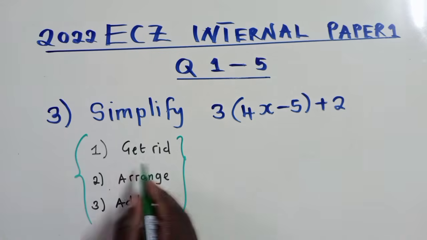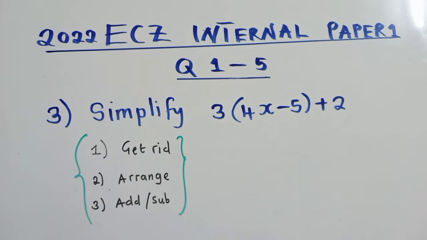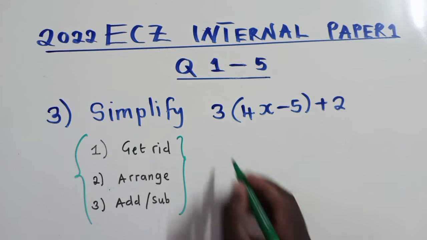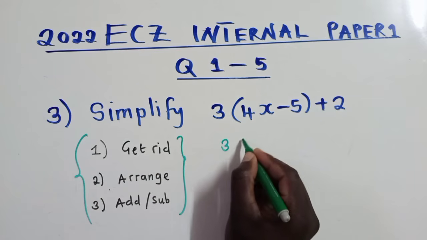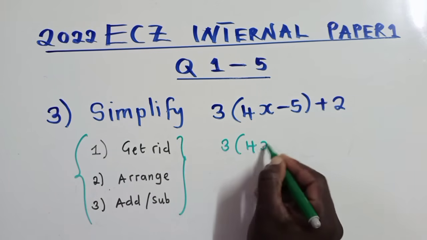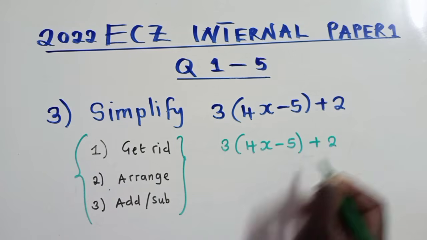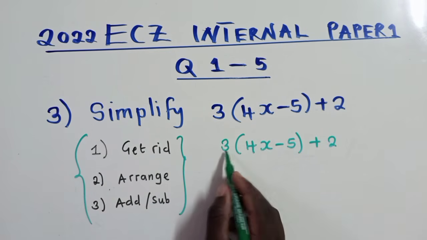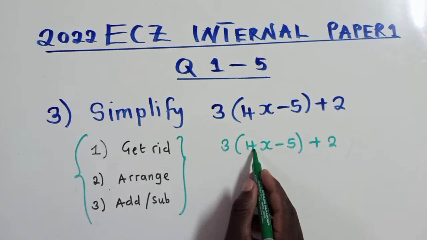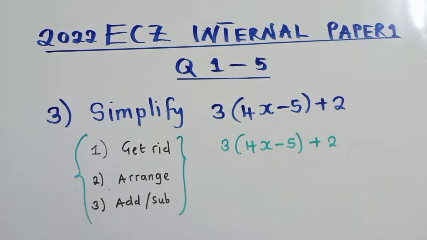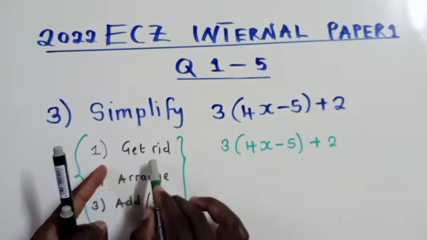Once you get to know these steps, you will not be facing any challenges concerning the simplification questions. So we have 3 open bracket 4x minus 5 plus 2. So we're going to say 3 times 4x, which is getting rid of the brackets.